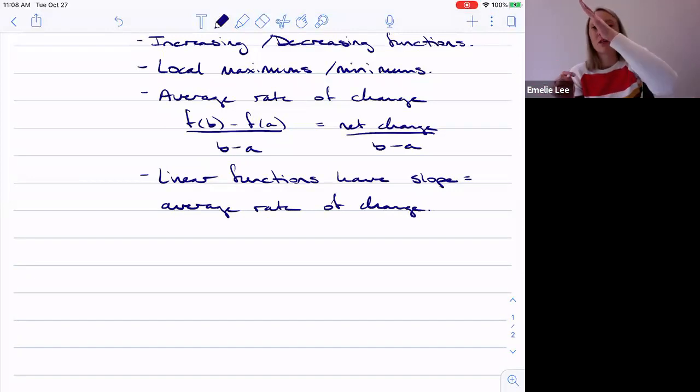And which makes sense. If you've got a straight line, then the average rate of change is just going to be constant. So that's pretty much what we said in 2.5.